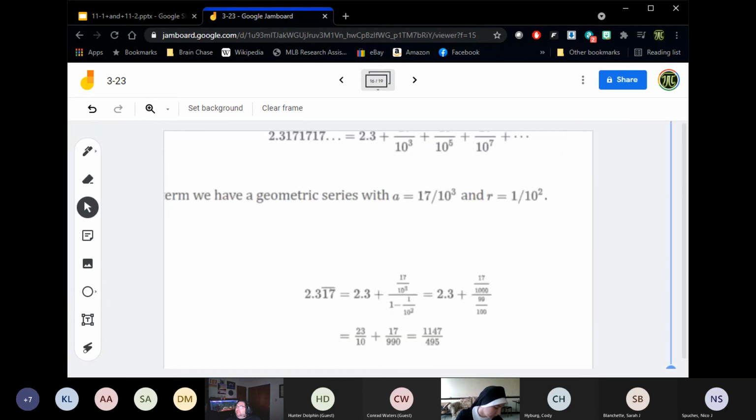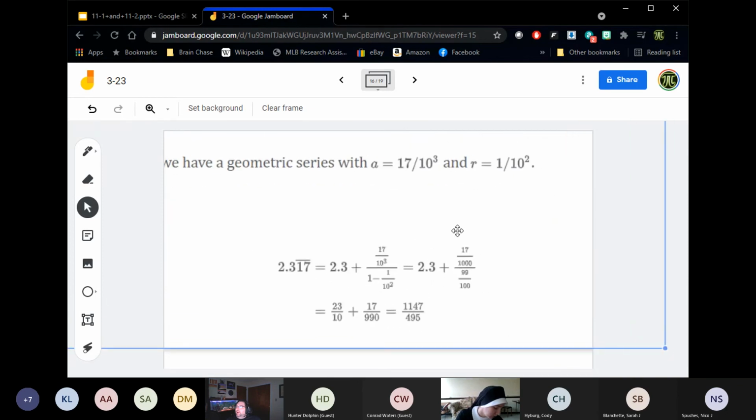That's really small. Let's see if we can make it a little bigger. All right, so remember I pulled the 2.3 out. My a was 17 over 10 to the third, and then I have 1 minus 1 over 100. So 17 over 10 to the third is 17 over 1,000, and 1 minus 1 over 100 is 99 over 100.